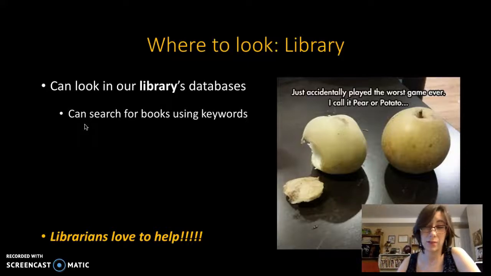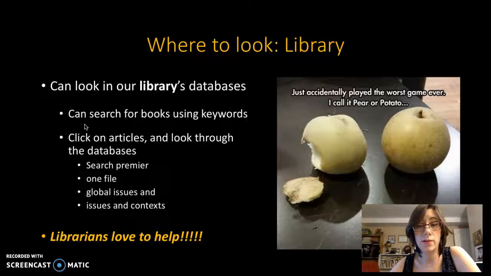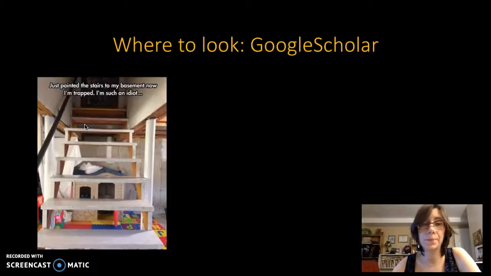We actually have a lot of ebooks. And then you can click on articles and look through the databases. Now, the databases I would suggest for real world problems are like Search Premier or OneFile, Global Issues, and Issues in Context. Now, this will become clear what I mean when I take you to the library website.